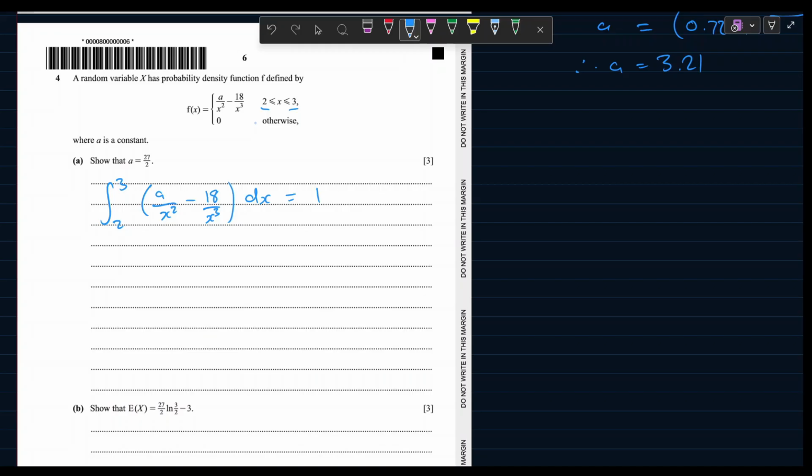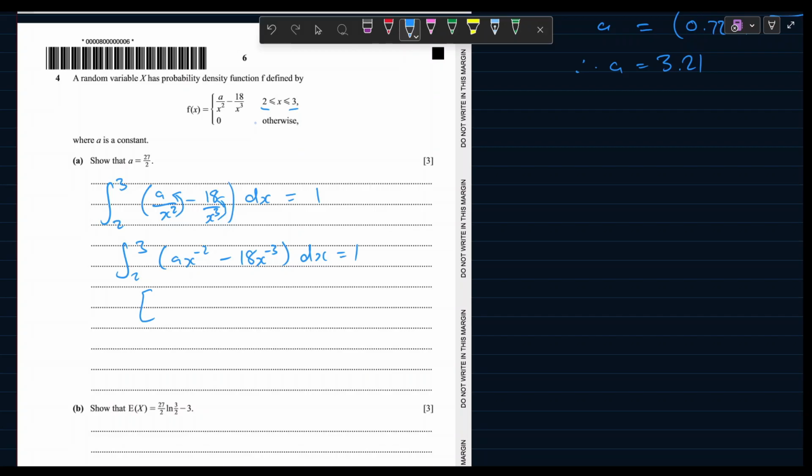Before we integrate, I'm just going to bring our x squared to the numerator and our x cubed to the numerator. So we're integrating from 2 to 3, and we're integrating ax to the negative 2 minus 18x to the negative 3 with respect to x, this is equal to 1. All right, so let's integrate now.